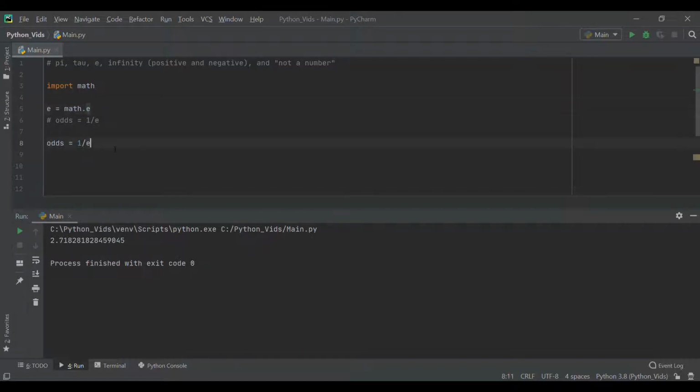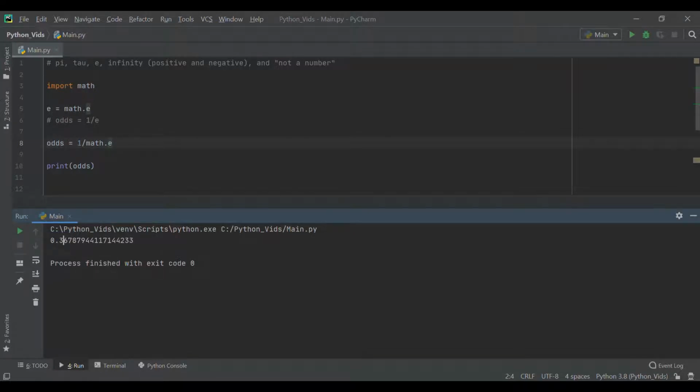You could also just do 1 over math.e, which might be easier to follow. And then let's print the odds. And so that's 0.36 and change.